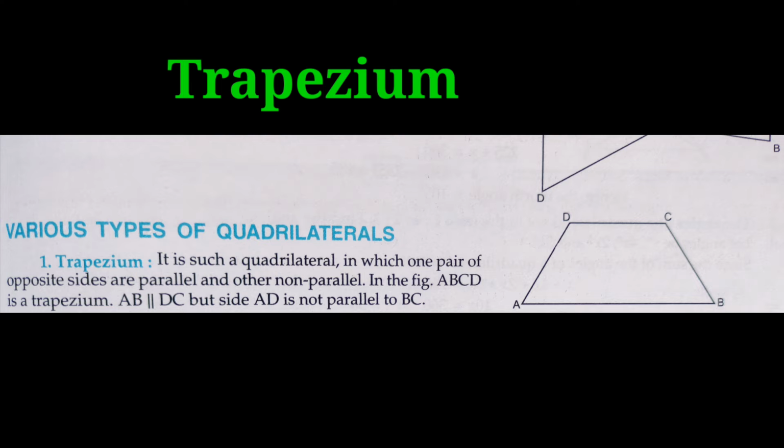You can see over here in the diagram, AB is parallel to DC, but side AD is not parallel to BC. So in short, we can say a quadrilateral which has one pair of opposite sides parallel is called a trapezium. See the diagram over here.